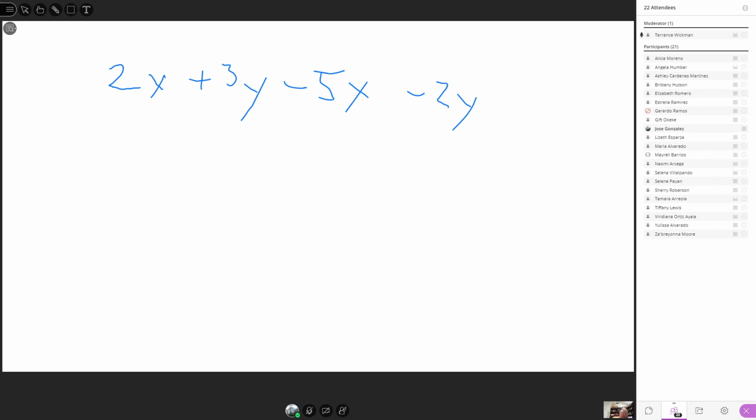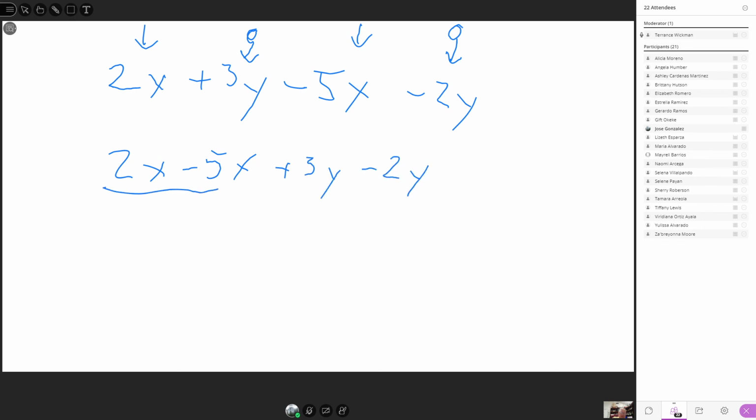Notice that you have an x here and an x here. So we're going to say 2x minus 5x. We're going to put those together. And we have a y here and a y here. So that gives you a plus 3y and a minus 2y here. Now we're going to combine these two and these two.